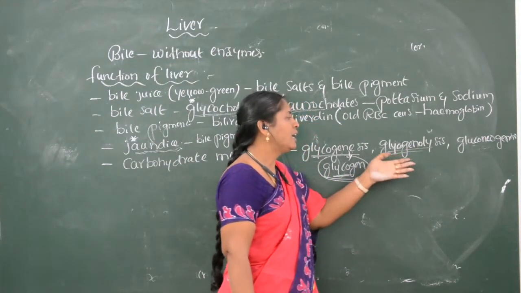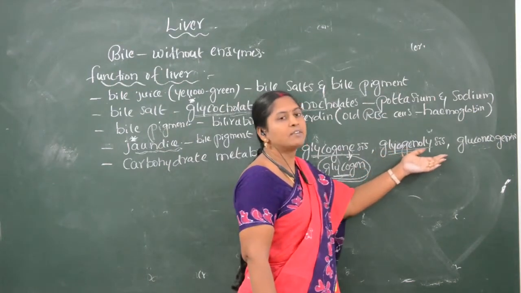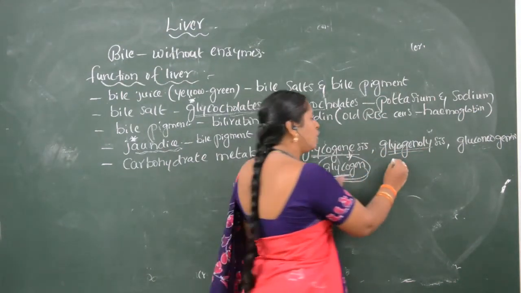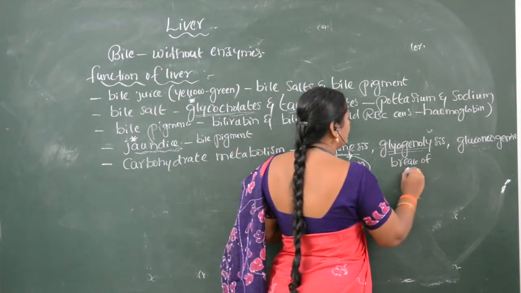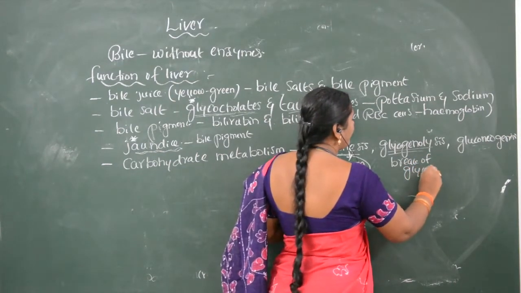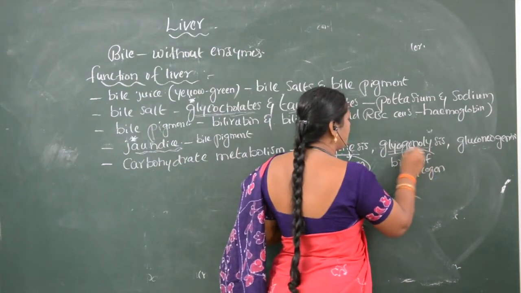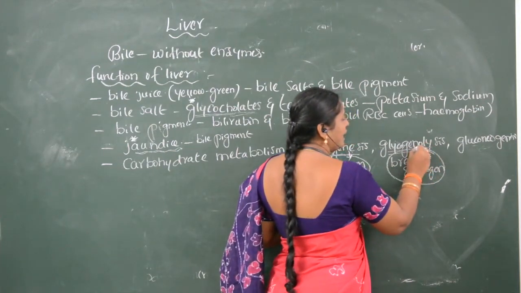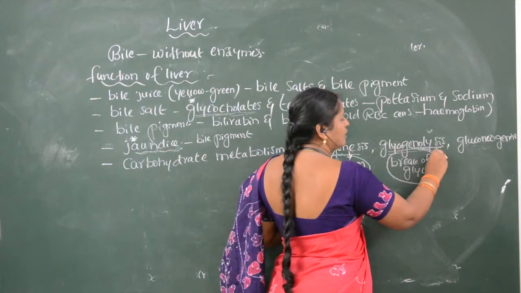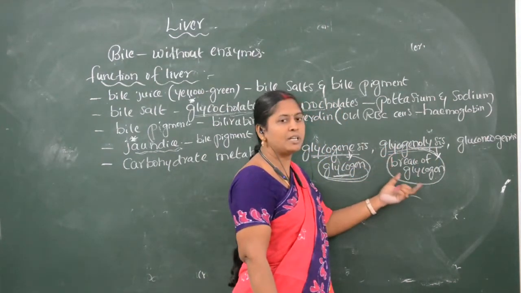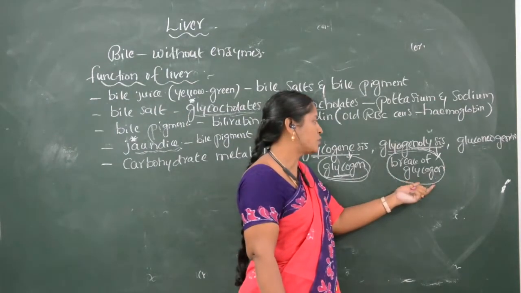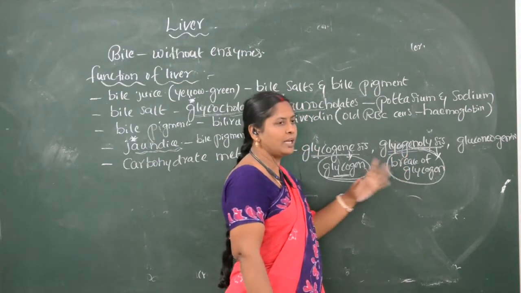Glycogenolysis is the breakdown of glycogen. Lysis means breakdown. So breaking down glycogen and liberating the energy is called glycogenolysis.